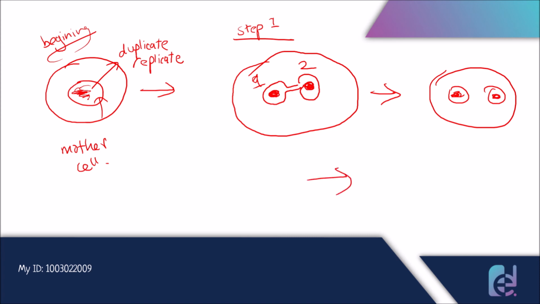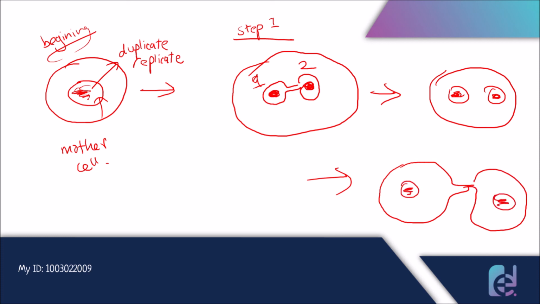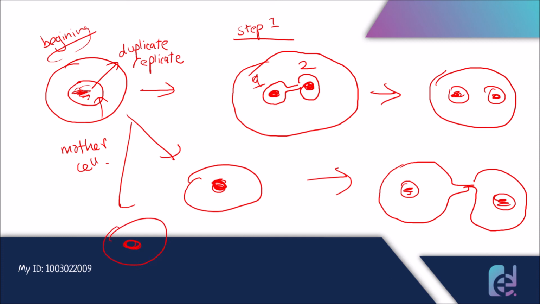Then the cytoplasm will divide. Then the cytoplasm will also divide in two. And as a result, we will get one daughter cell and another daughter cell, and they have the same number of chromosomes.